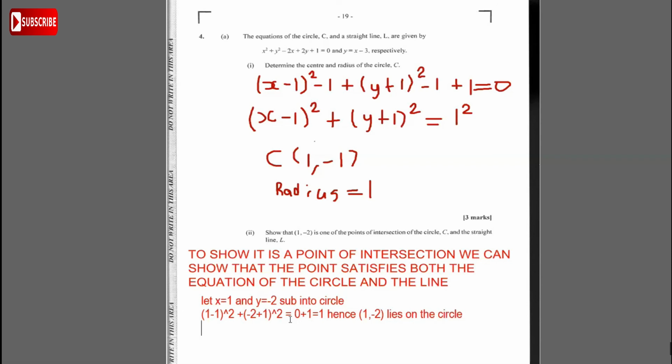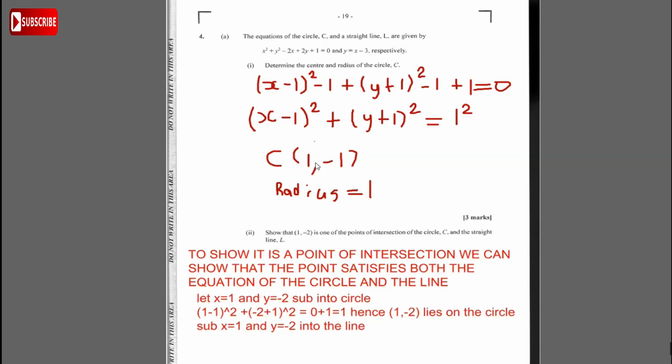Let's sub it into the line now. Sub x equal 1 and y equal minus 2 into the line. So what we're going to get when we sub it in the line is minus 2 is equal to 1 minus 3.